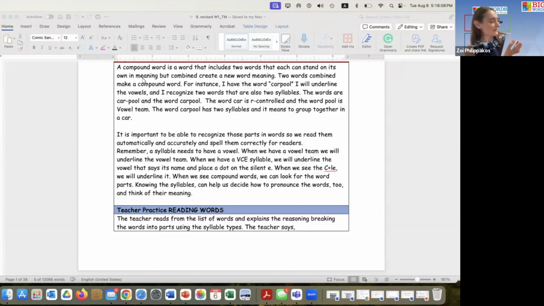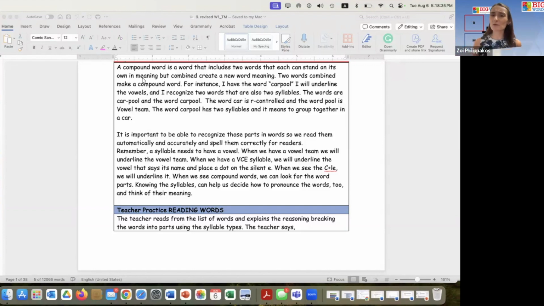So I have a vowel team and I have a vowel. So I have two vowels, I have two syllables. I'm sorry, it disappears on the screen. The word car, pool. The word is carpool. The word car is R-controlled. The word pool is a vowel team. The word carpool has two syllables. It means to group together in a car.